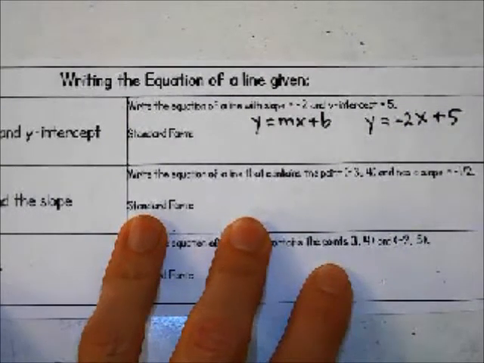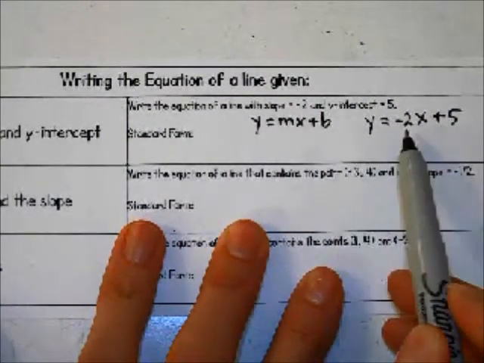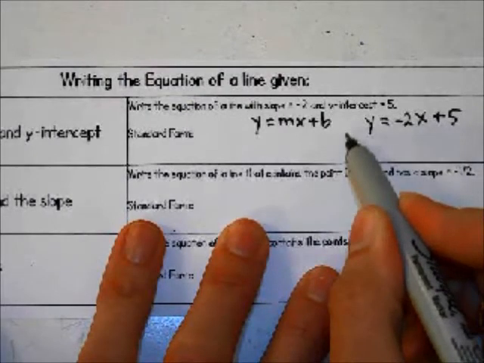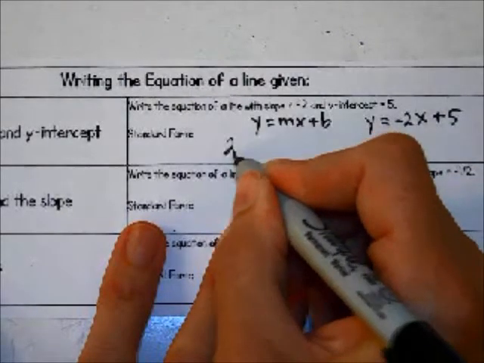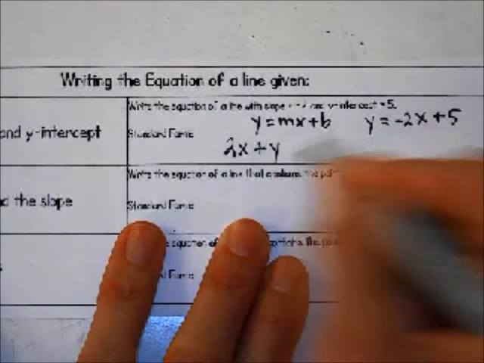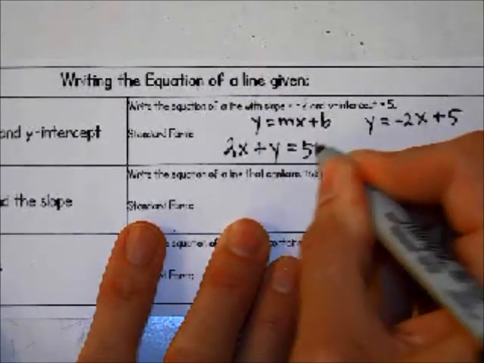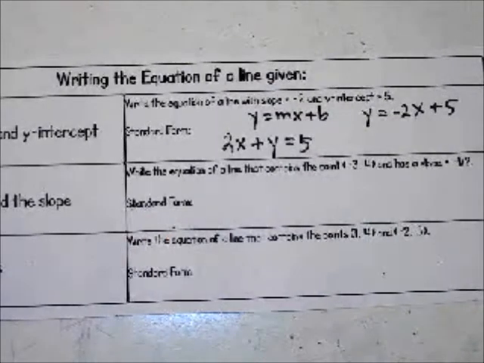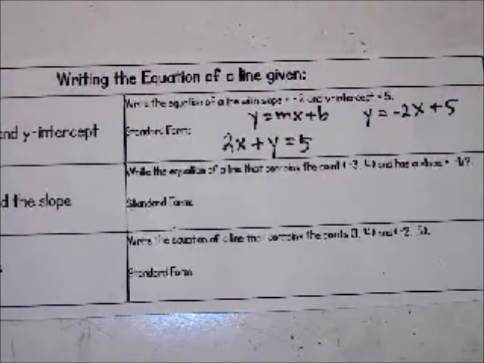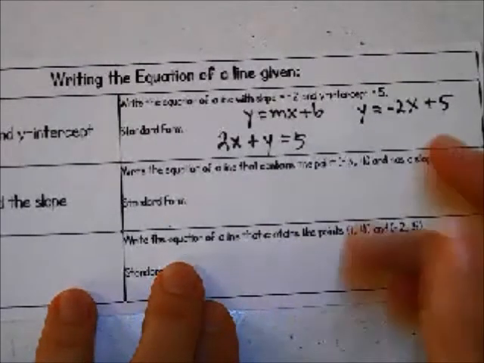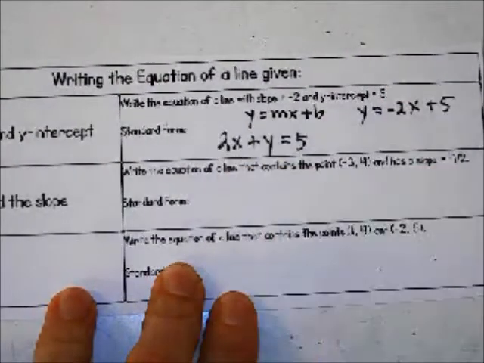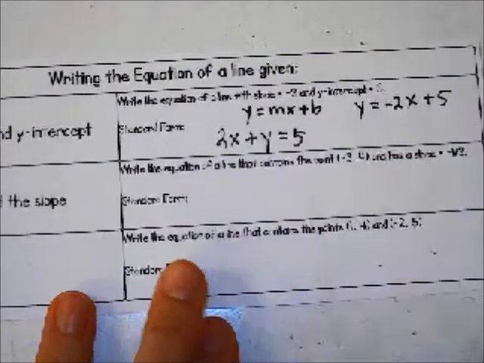If I want it in standard form, then I'm going to move the 2x to the other side of the equation, so it looks like this: 2x plus y equals 5. And notice this is a positive number right here, so now you have it in standard form.